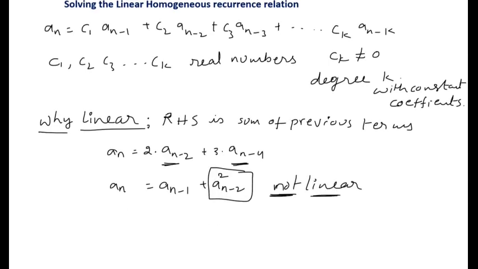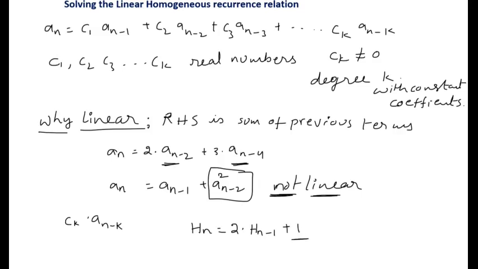So what is homogeneous? Every term must be of the format Ck a_(n-k). Suppose you have h_n = 2 h_(n-1) + 1.